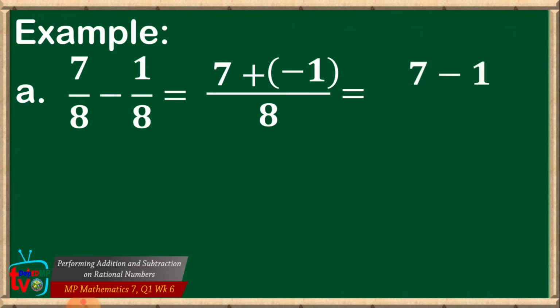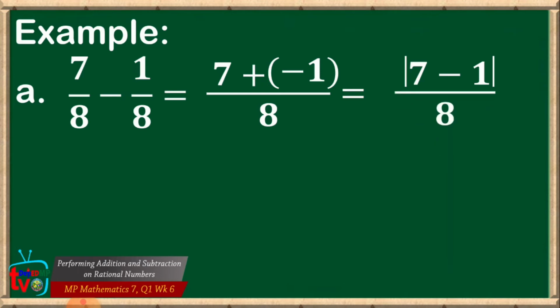Okay, next, proceed now to the rules in adding different signs. Subtract the numerators, get the absolute value, then carry the denominator.